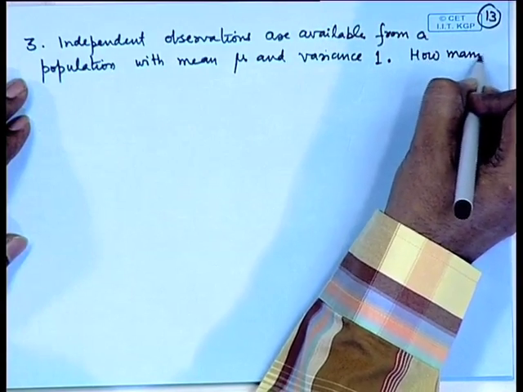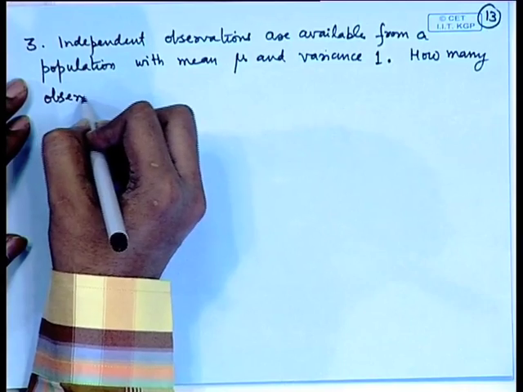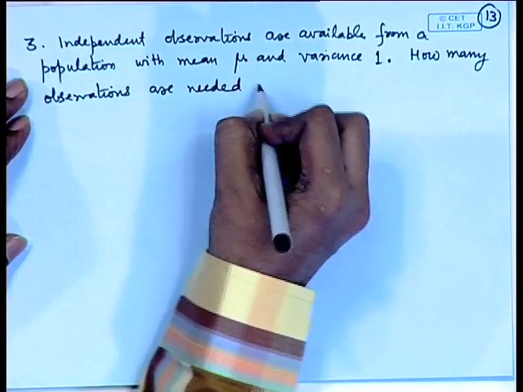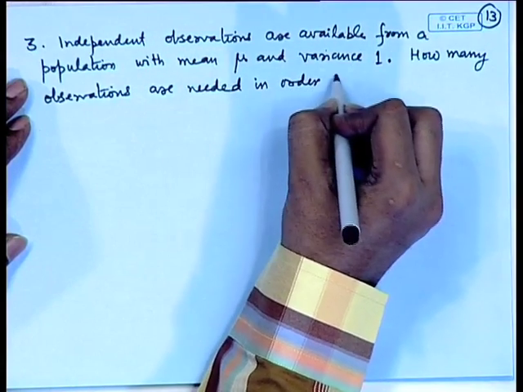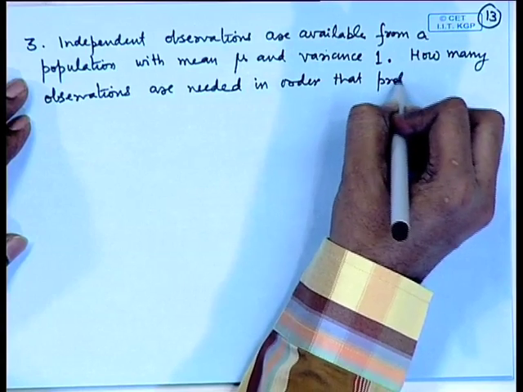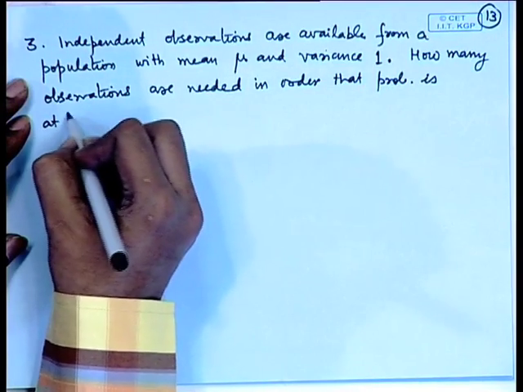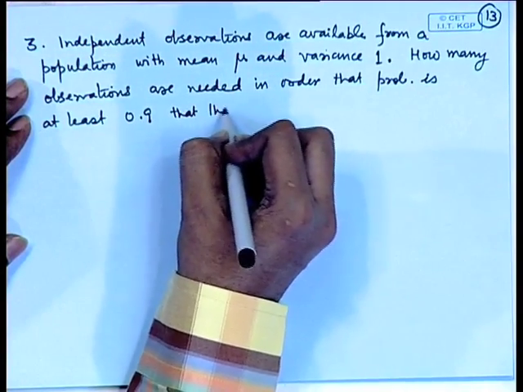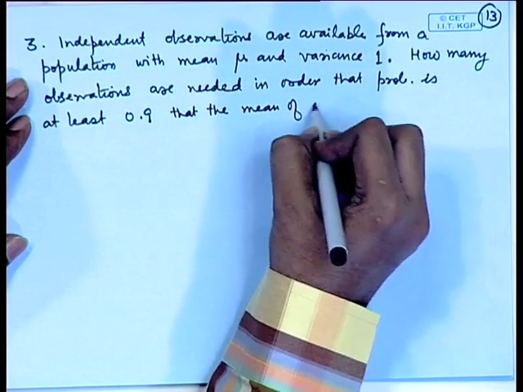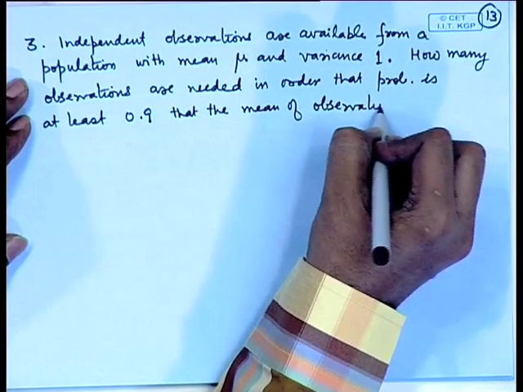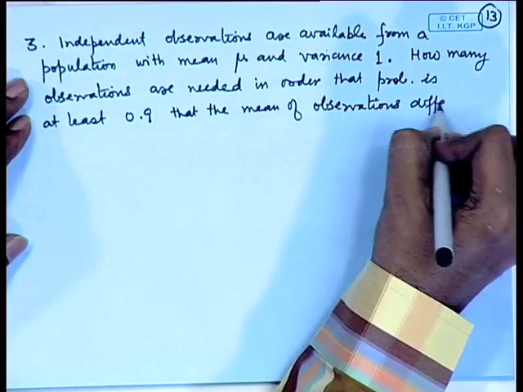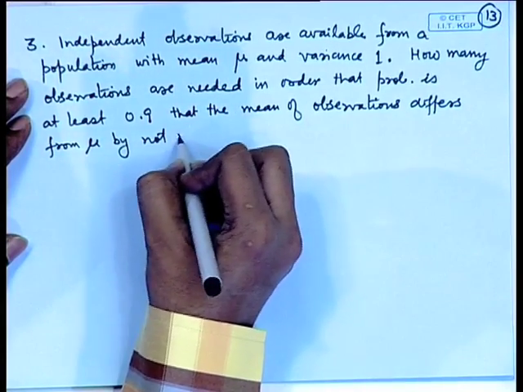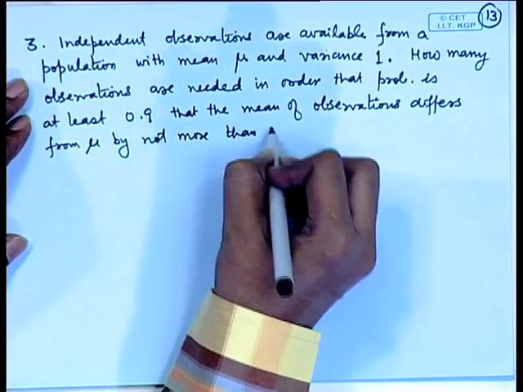How many observations are needed in order that the probability is at least 0.9 that the mean of observations differs from mu by not more than 1?